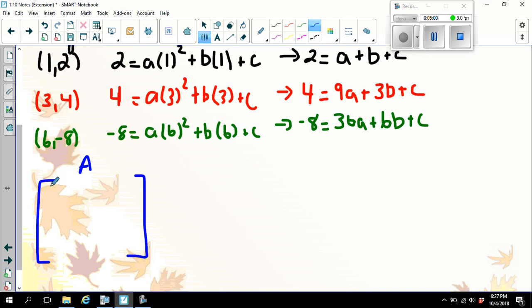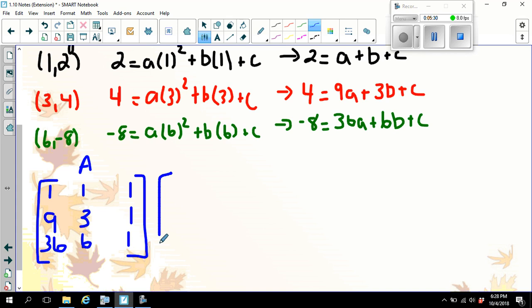So remember, we go across here, so we have 1, 1, and 1. Now if we go to our second, our red equation here, the coefficients are 9, 3, and 1. So those are the numbers in front of our a, b, and c values. And then for our last equation, we have 36, 6, and 1. So those are the numbers in front of our a, b, and c values on our third equation.